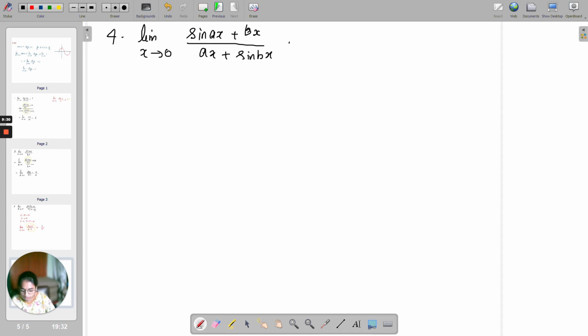They are saying a, b and a plus b, all these three are not equal to 0. Now how do you solve this?